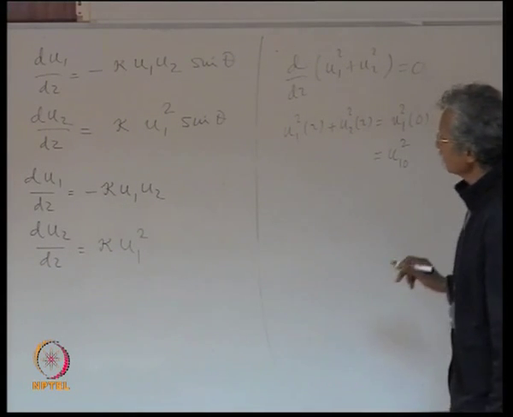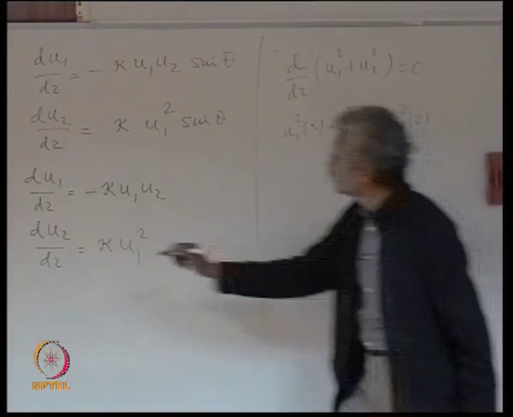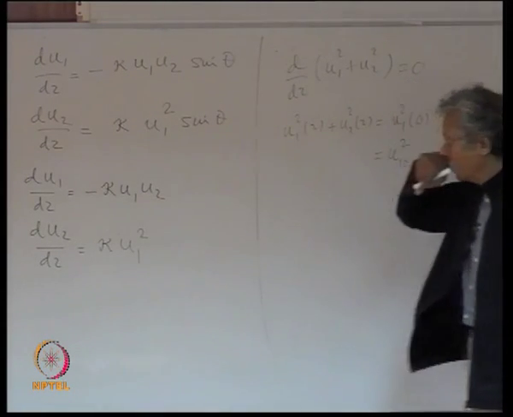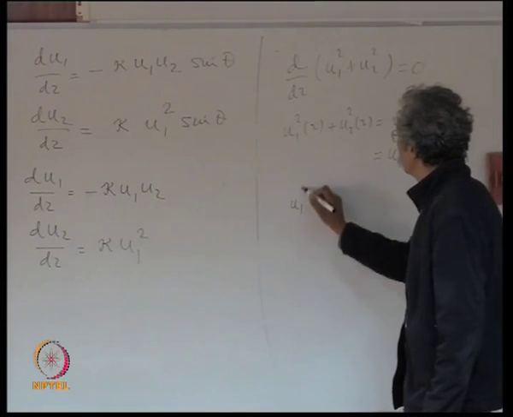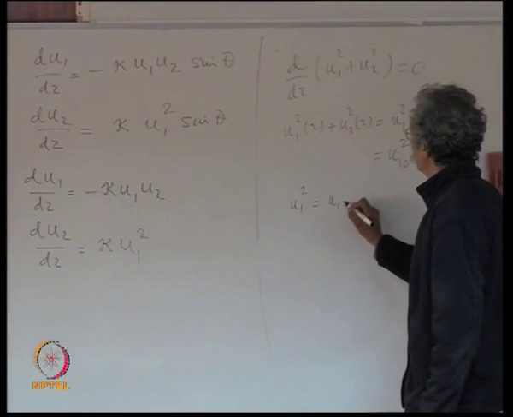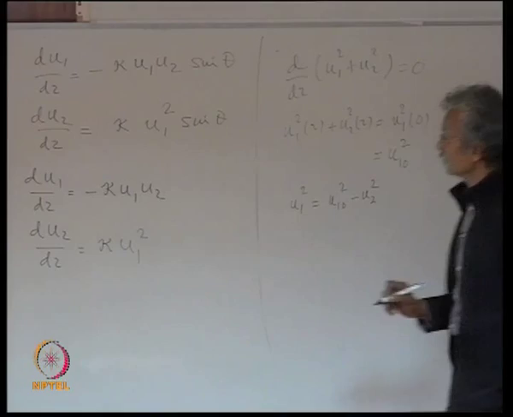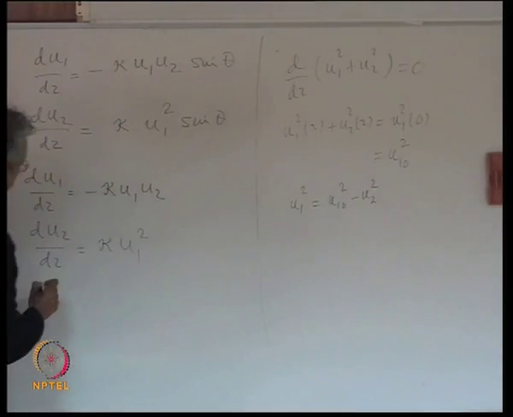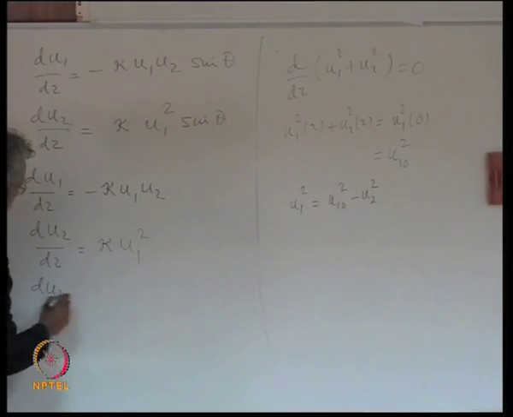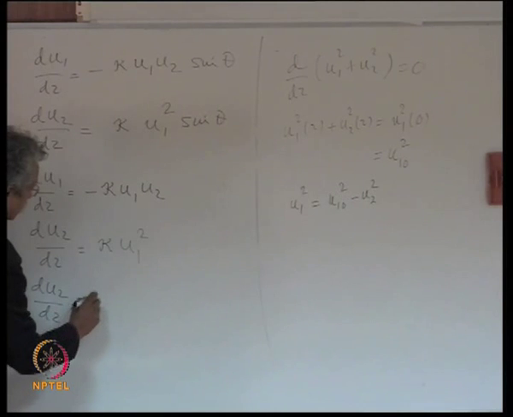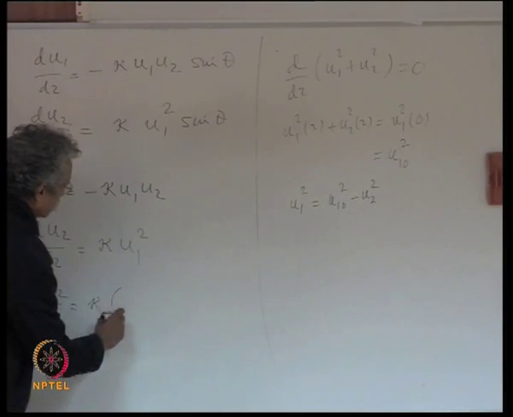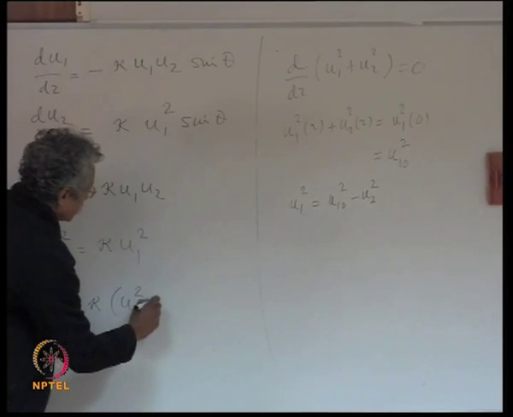So I need to solve this equation. So u1 square becomes u1 0 square minus u2 square. And so this equation simplifies to du2 by dz equals kappa times u1 0 square minus u2 square.